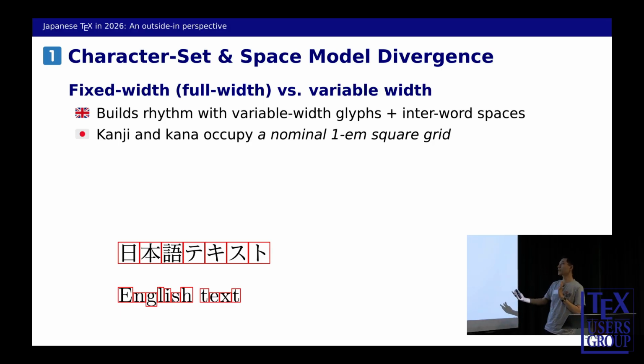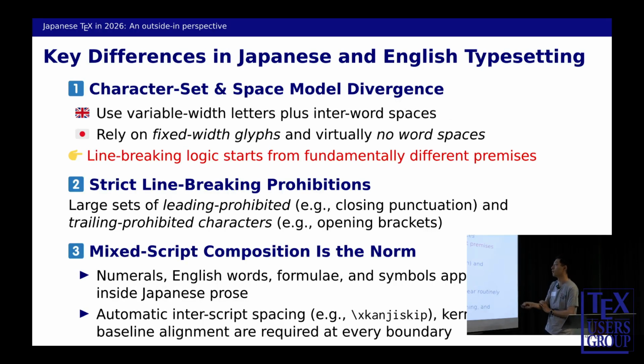The characteristics of Japanese characters are fixed widths, while English texts normally have variable widths, as shown in this example.